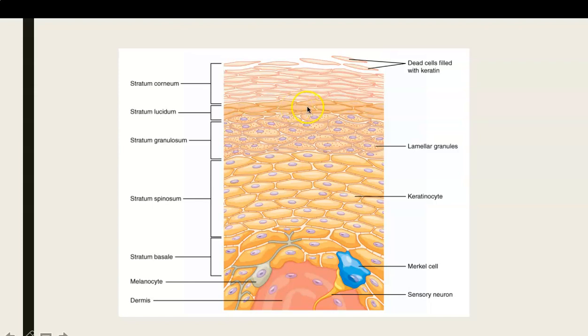So that's what these cells are filled with. And if they're filled with this eleidin, it makes them highly, highly waterproof because of that lipoprotein. And again, that's why they're found in the soles of the feet and the palms of the hand, because you need that waterproofness there.